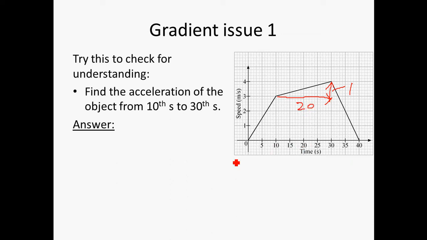So what is the acceleration? The acceleration a will be 1 over 20, which is 0.05 meters per second squared. So that's a very safe way to find the acceleration, by finding the triangle or the gradient.